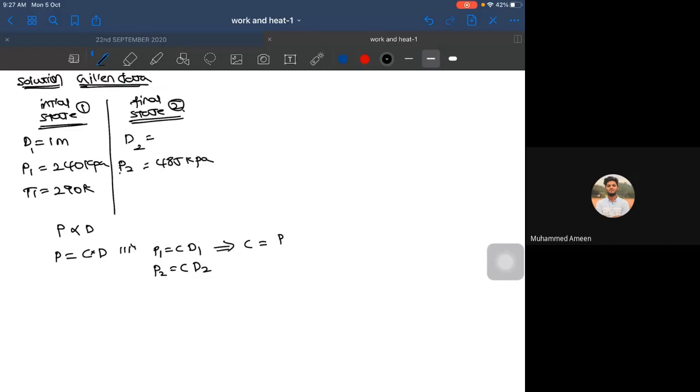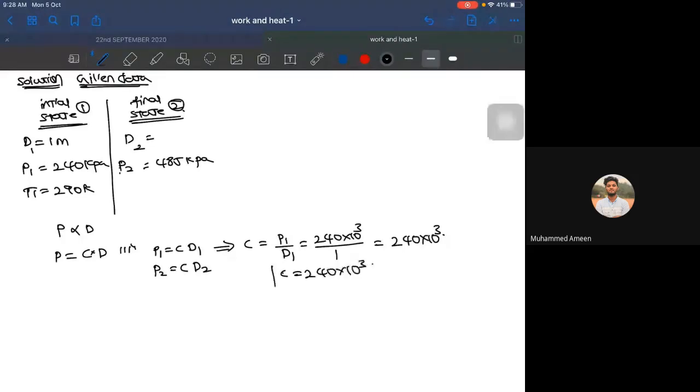I know the value of P1 and D1. P1 is 240 kPa. K means kilo, so 10 to the power of 3 pascals, divided by 1 meter. So C is equal to 240 into 10 to the power of 3. That is the value of the constant.